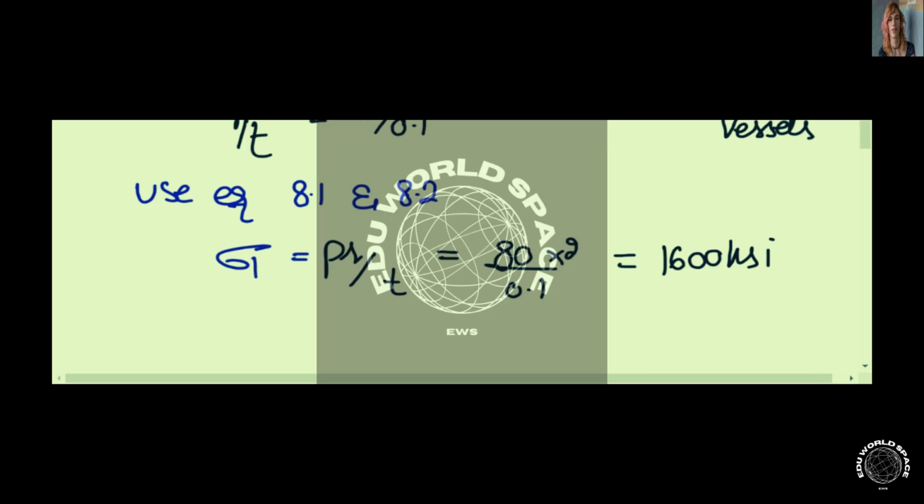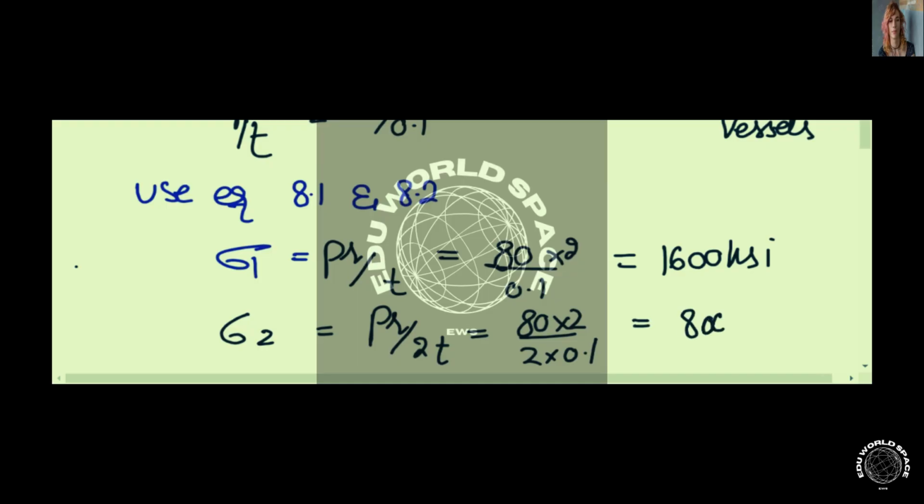Next, we need to find the second stress. That is equal to P times R divided by 2 times T. So that is 80 times 2 divided by 2 times 0.1, and that is equal to 800 ksi.